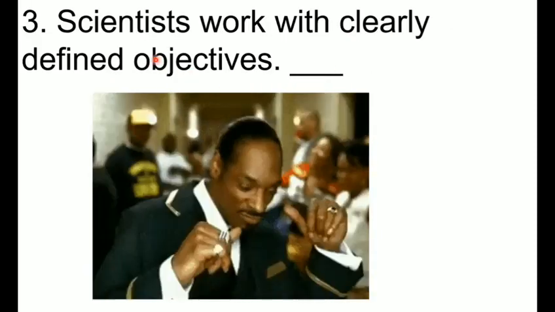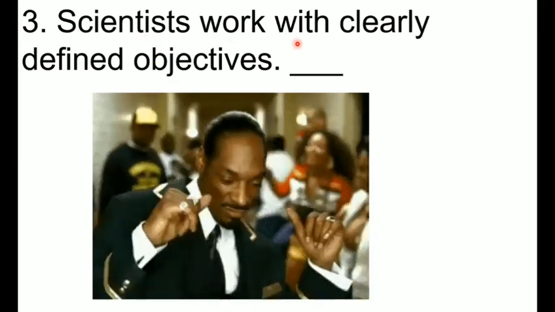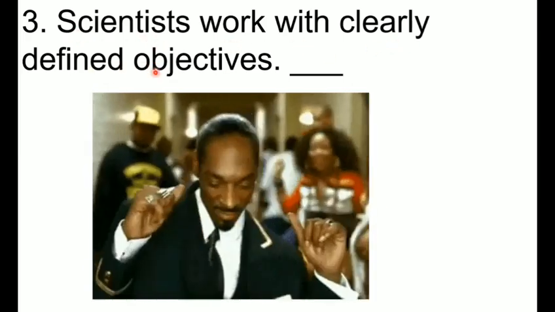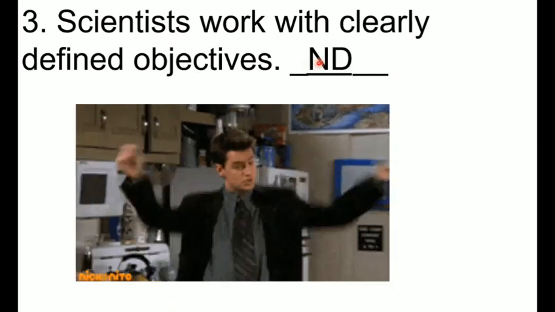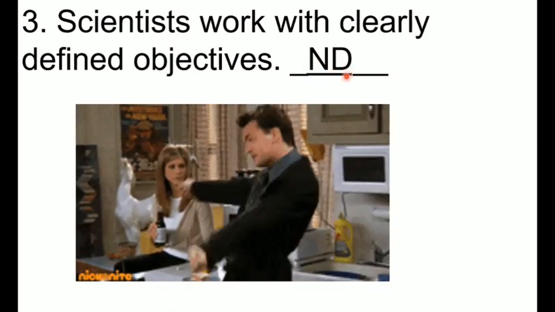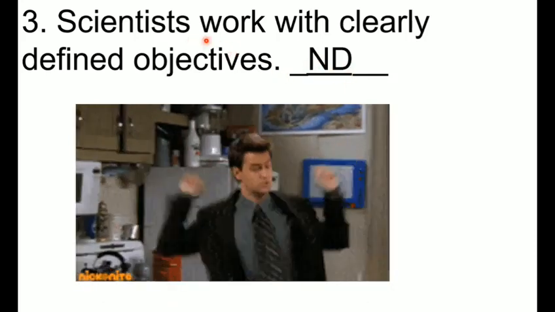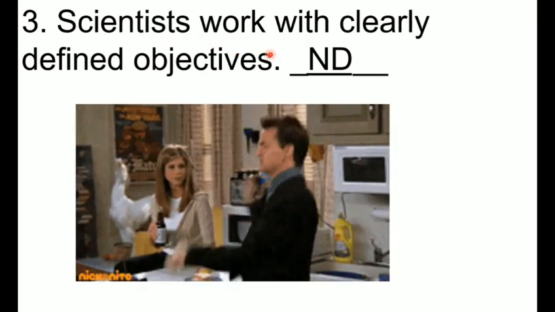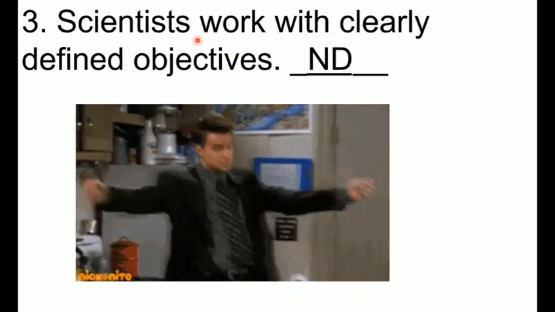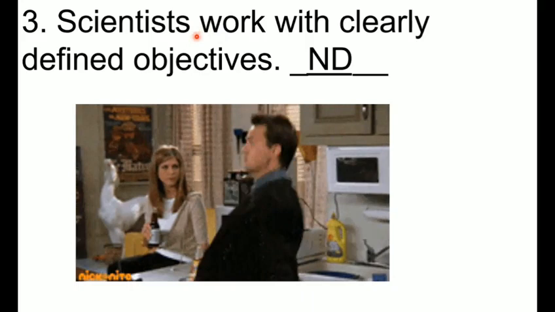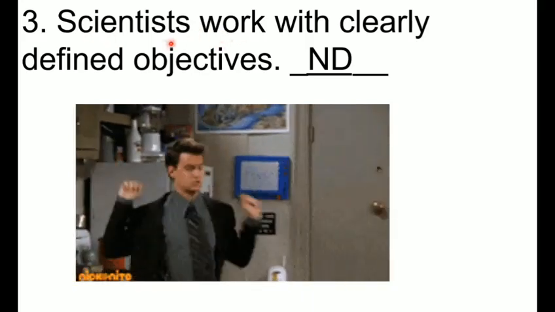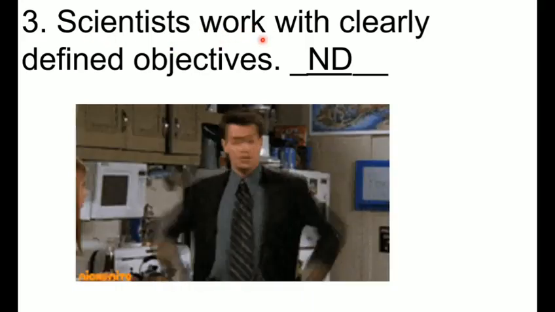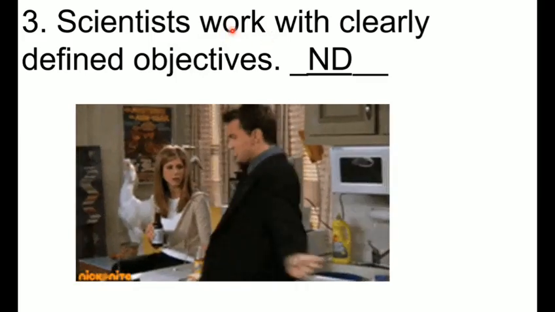Okay. Number 3, scientists work with clearly defined objectives. Okay. This is also not a definition. Kasi walang scientist dito, walang class. Anong classification ng scientist? Dapat merong classification katulad ng scientists are persons or highly educated persons.